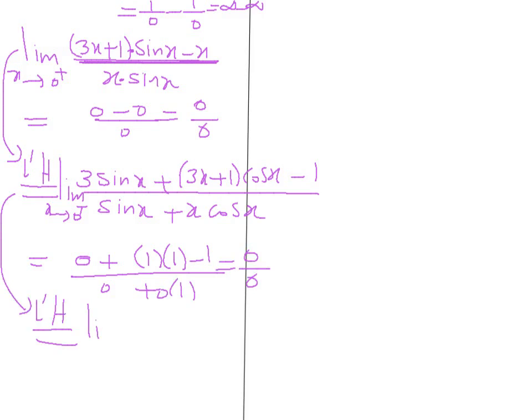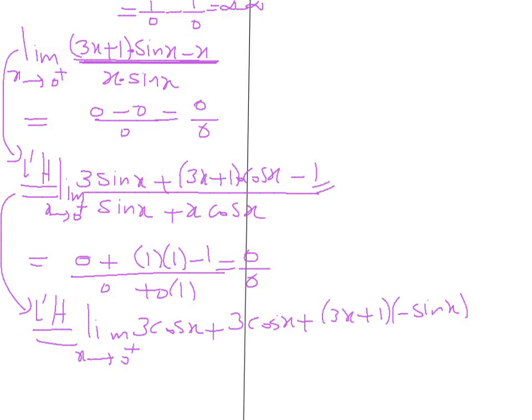So you have to say the limit as x approaches 0 from the right. This is equal to 3 cosine x plus, using the product rule, 3x plus 1 times minus sine x, and the derivative of 1 is 0, divided by cosine x plus, again a product rule, the derivative of x is 1, plus x times the derivative of cosine, minus sine x.